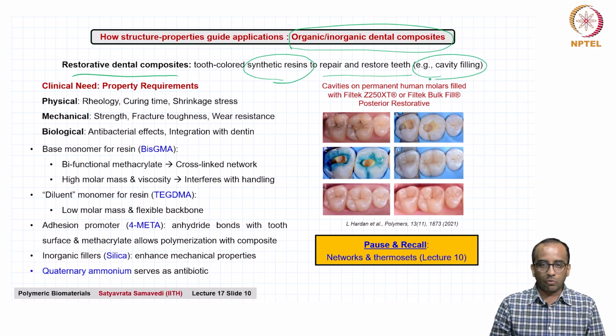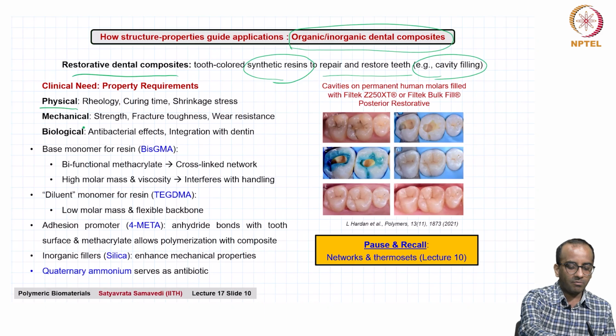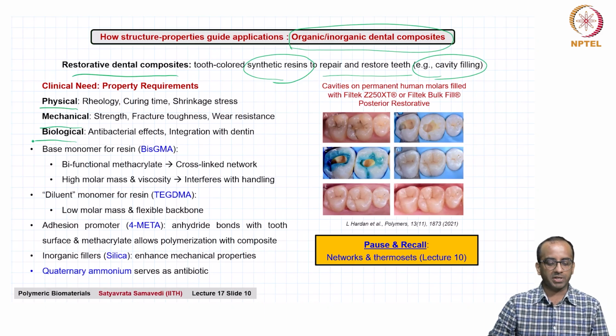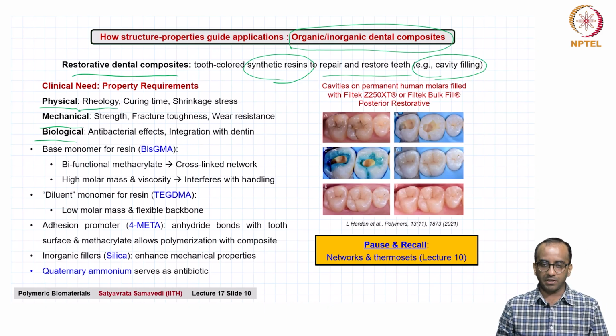Now, the property requirements for this kind of an application are very unique and can broadly be classified into physical, mechanical and biological properties. From a physical perspective, you want to have the correct kind of rheological properties, the correct kind of flowability and workability as the dentist works with the material.